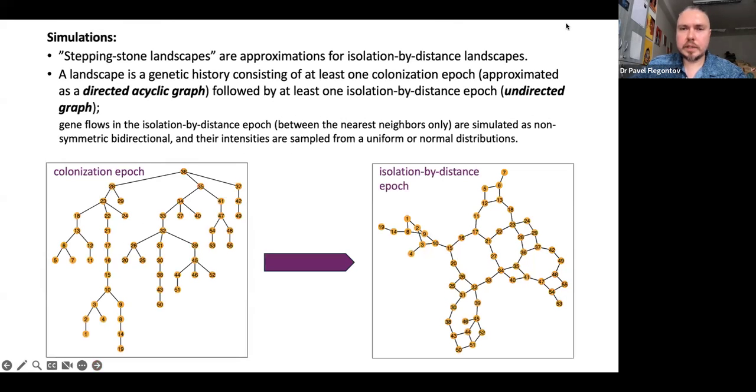And to explore that, I introduced these simulations, which I term stepping stone landscapes. And these are approximations for isolation by distance landscapes.